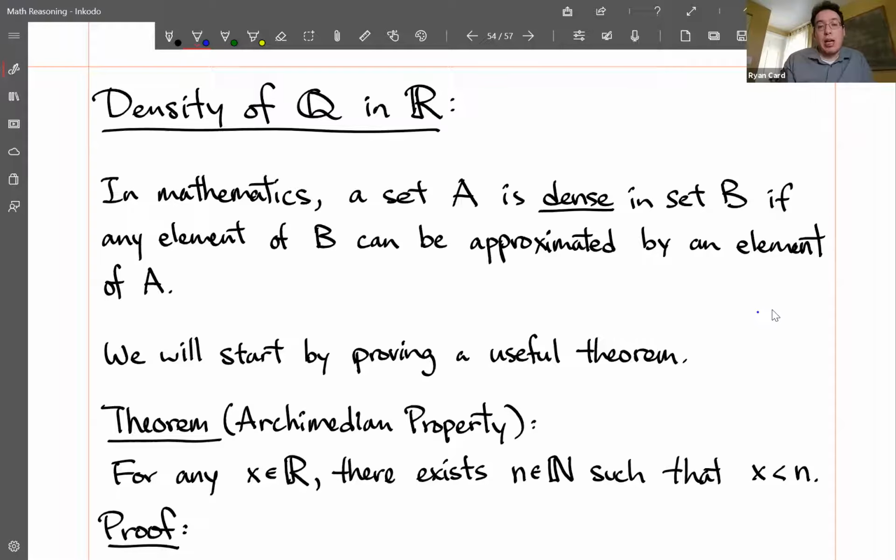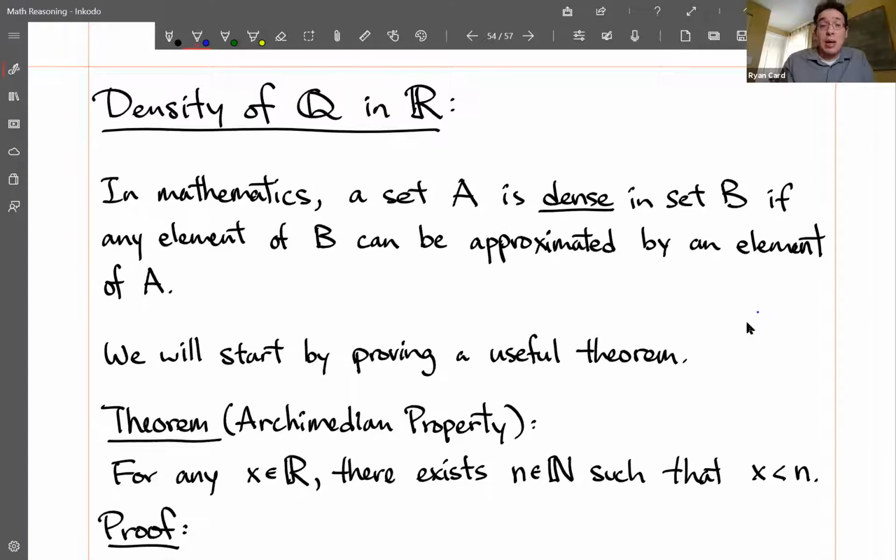So, okay, I can't use induction, but maybe if you can approximate it close enough with a rational number, and rational numbers are countable, then you could use induction maybe in a certain sense. So you can still use the tools that we use for rational numbers to say something about real numbers. So that's what the density is going to give us. It's a way to get around the fact that real numbers are difficult to work with.